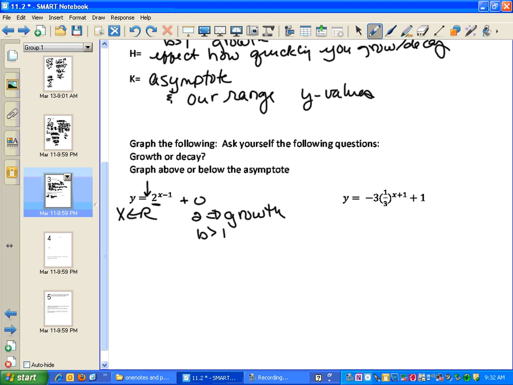Is there a positive sign or a negative sign? So are we above or below? We are above the asymptote. And where is my asymptote? Yep. So your asymptote is at 0.